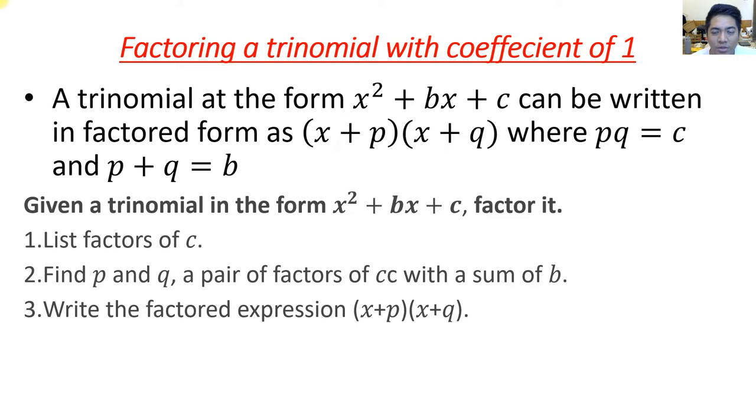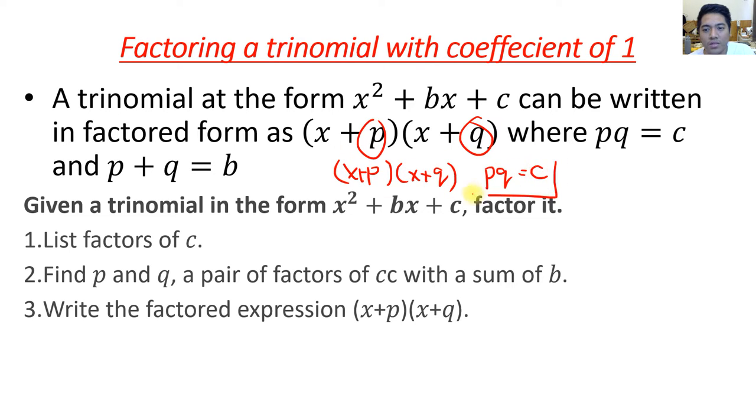I'll show you later what this p and q is. If we have a trinomial with a coefficient of 1, we can use this formula x plus p and x plus q, where pq would be equal to the constant and p plus q would be equal to the middle term, which is b.